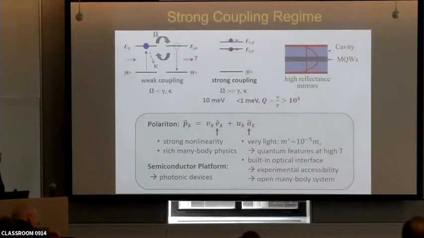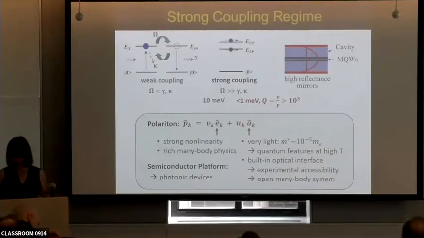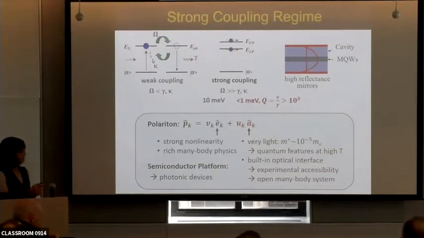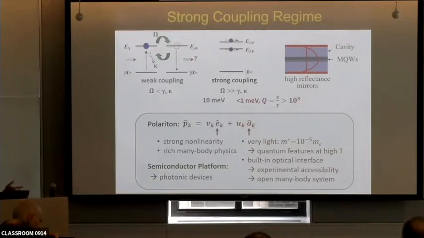These are slides I always use for the introduction of strong coupling, which is not really necessary for this audience. Basically, strong coupling happens when the interaction between the exciton and photon becomes coherent and reversible. We typically do that for a quantum well system, by putting the quantum well in a high-quality cavity to enhance the coupling.